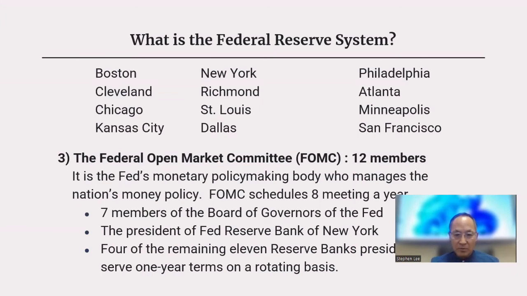So all these 12 different presidents can say different things. And we're going to take a look at the news brief. For instance, a Dallas central bank chief economist says home prices will go down 20%. But that is not the overall Federal Reserve System forecast.